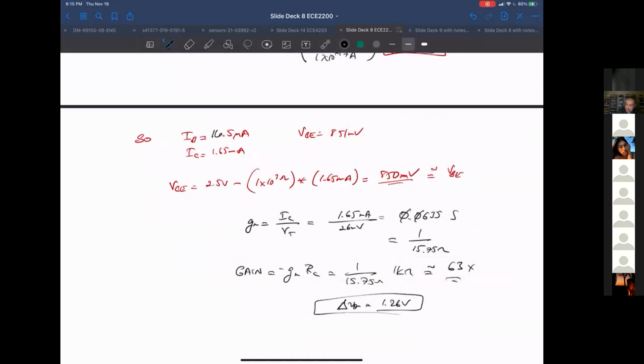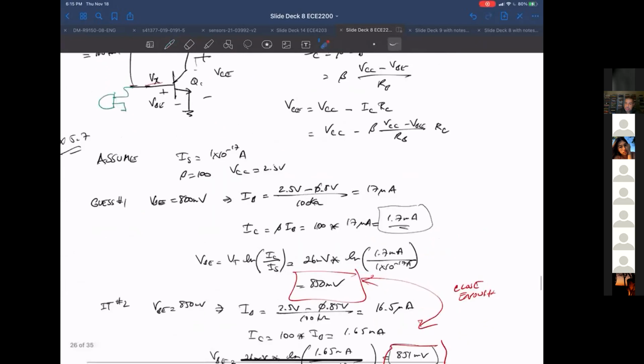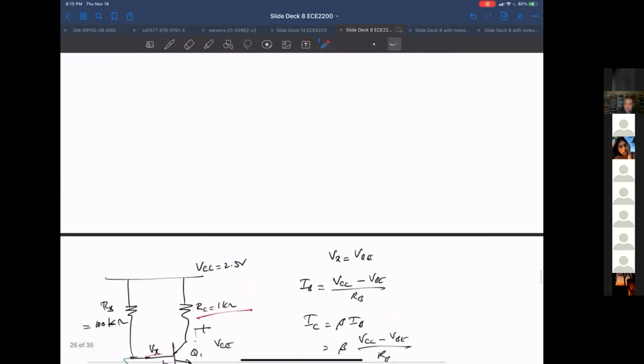So great, I'm going to amplify my input very nicely if I hook up my microphone here. And notice I only used one resistor. Resistors are cheap, they're small. That's good. So it seems like this is a good choice.